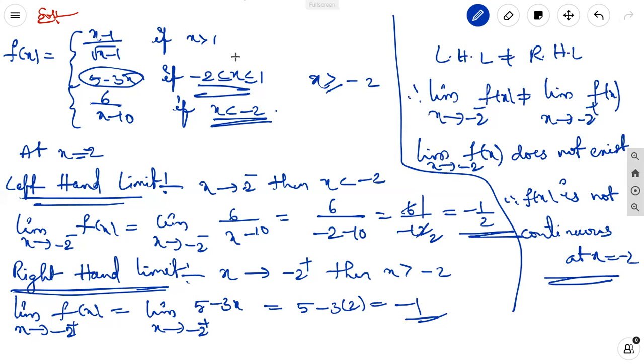Next, we can check for x equal to 1 also. At x equal to 1, for 1 minus we can take 5 minus 3x. At 1 plus we can take (x minus 1) by root of (x minus 1). Again, I am taking that relation. At x equal to 1, we check the continuity.